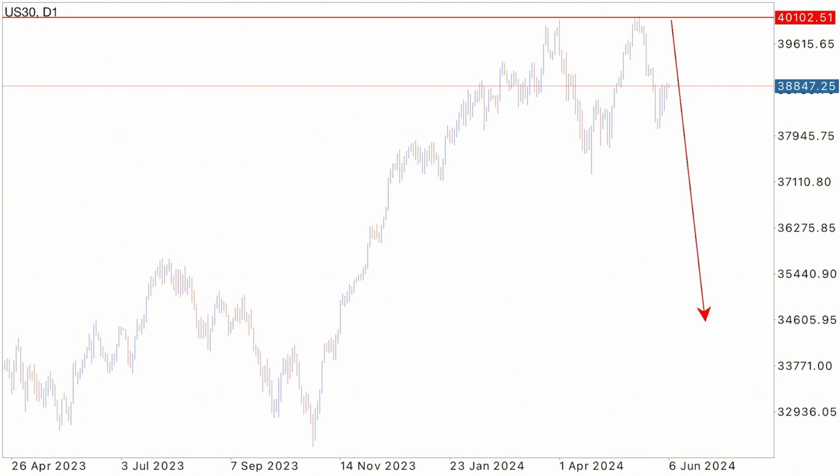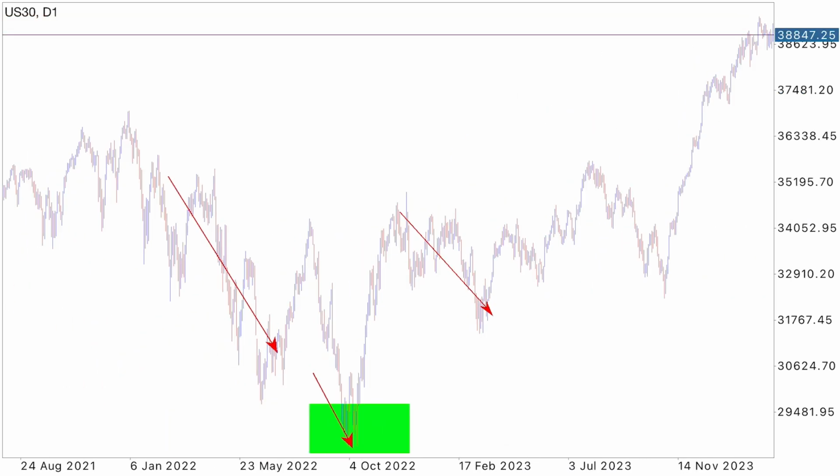So with this, we can tell that US30 has a 50-50 chance of respecting chart patterns and a 50 chance of not respecting chart patterns, because if you look prior, it respected this chart pattern, which was an inverse head and shoulder.